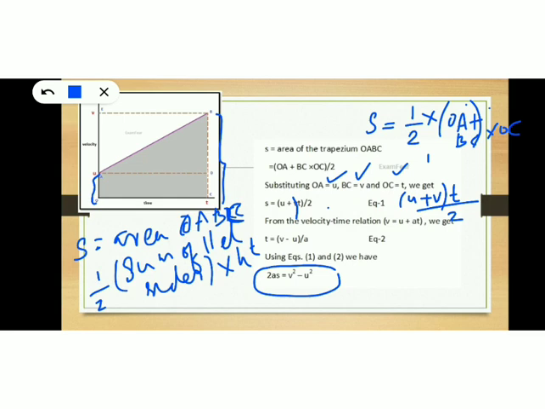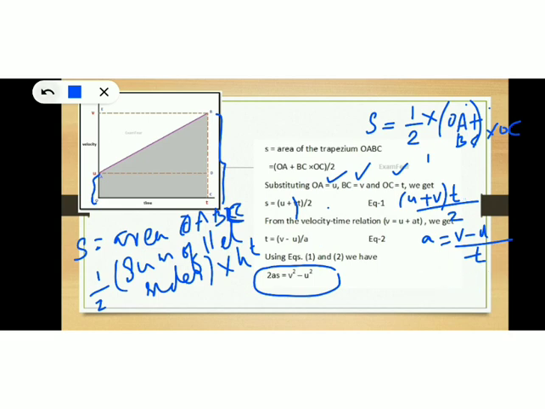From the previous expression we studied, acceleration a is equal to (v minus u) by t. So therefore t is equal to (v minus u) by a. Instead of t, substitute (v minus u) by a, and you will get 2as is equal to v square minus u square. How?